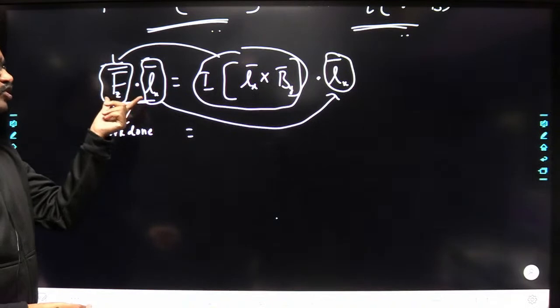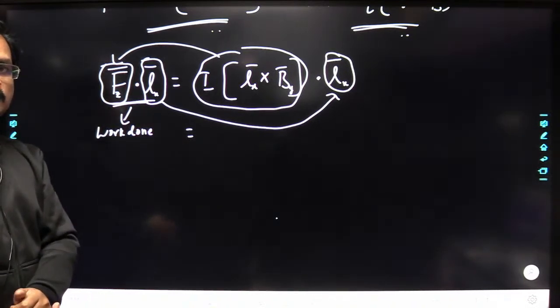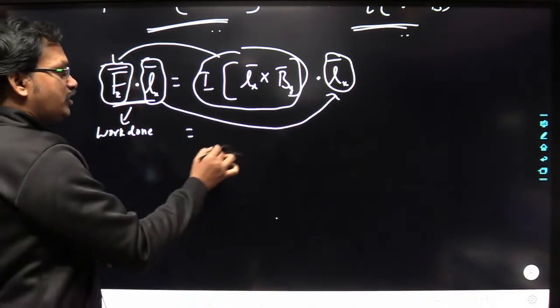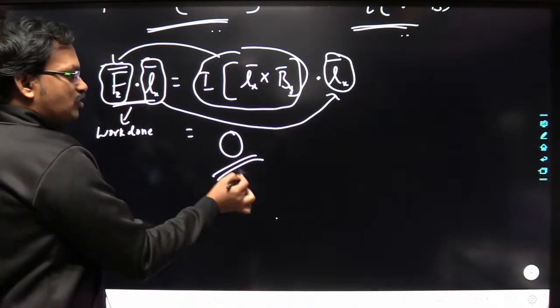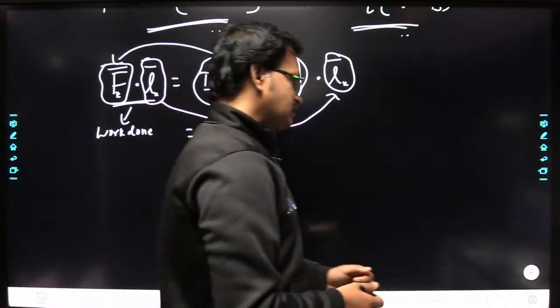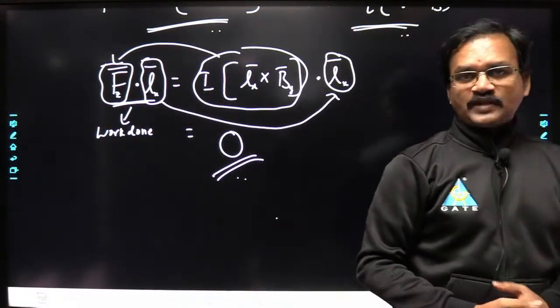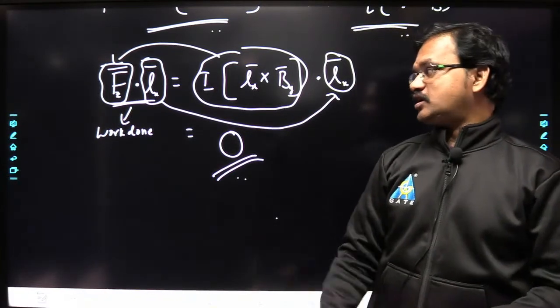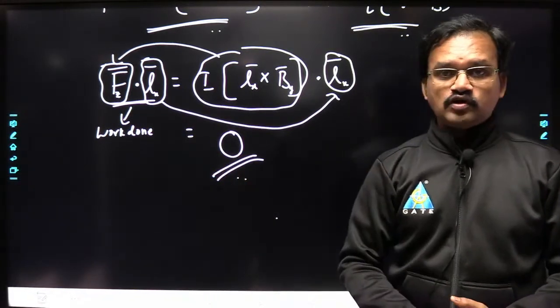Both are perpendicular to one another, so force dot displacement is 0. That means the work done by the B field on the moving charge is always equal to 0.